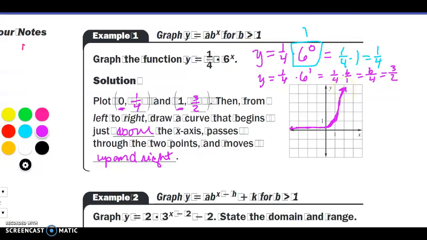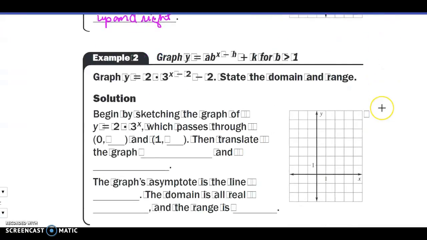But do notice I don't let my graph touch the x-axis. I'm trying to indicate I understand it stays above the x-axis. I am going to draw my asymptote, which will be a dashed line, in this case along the x-axis, so we see that. Okay, that's that graph. Feel free to go back and watch that again if you need to. I hope you can draw better than I do.